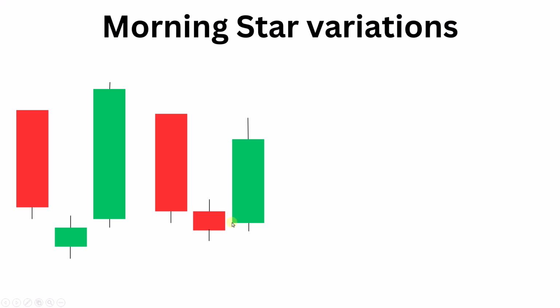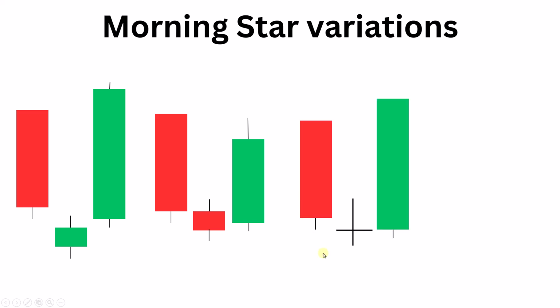If you see here, the opening of the green candle is well below the close of the red candle. So this does not satisfy all the conditions of a morning star, but we accept this as a morning star because it appears frequently. So this is a variation of morning star.